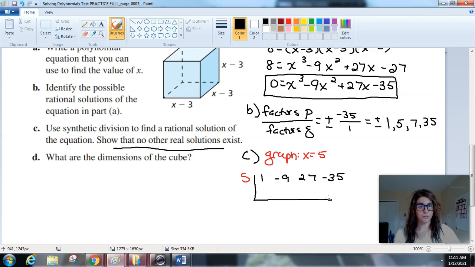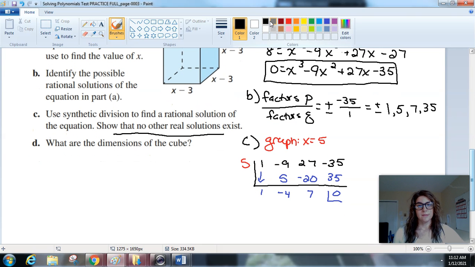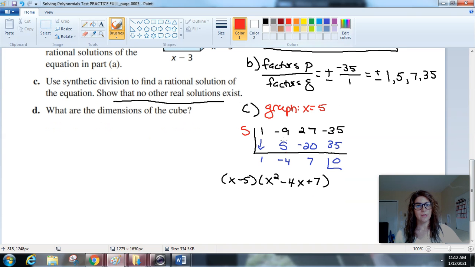Back to our function that we were using. Bring down the 1, 5, negative 4, negative 27, 35, 0. There we go. And we know that 5 comes from x minus 5. 1, negative 4, and 7 is x squared minus 4x plus 7. And to prove that this doesn't have any other real solutions, we have to find the discriminant.